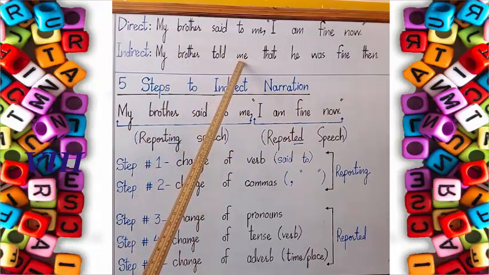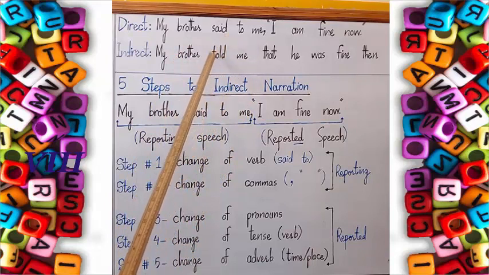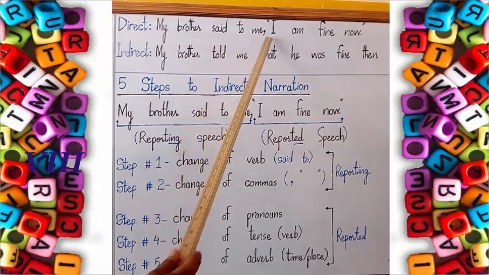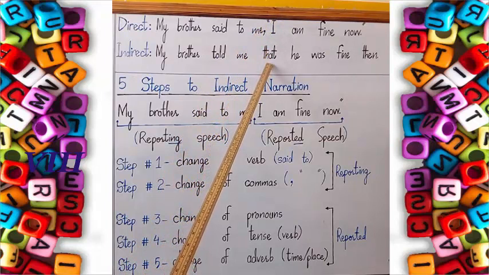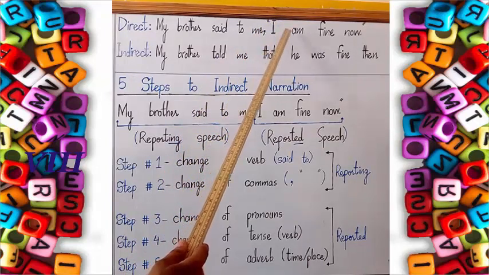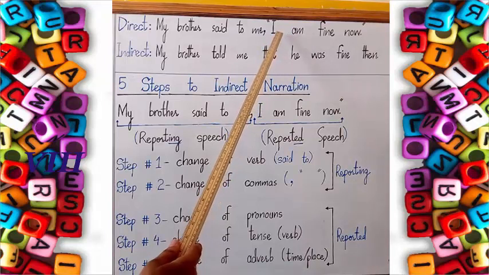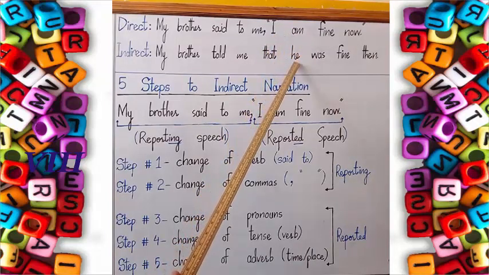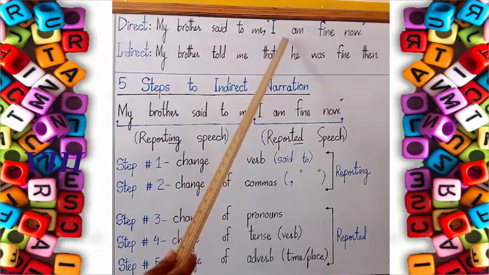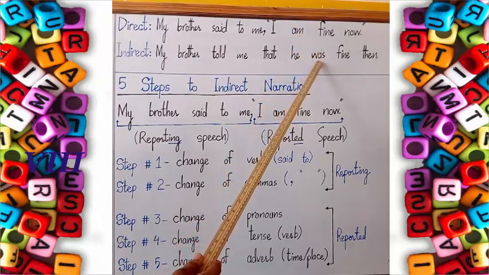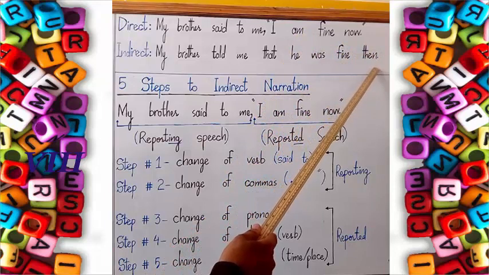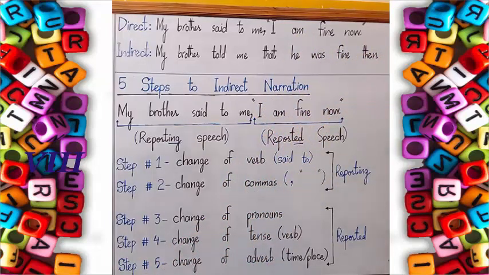"My brother told me," "said to" got changed into "told," and these commas changed into "that." Now, in reported speech, we made three changes. "I" became "he," this is the pronoun. "Am," which is the verb, became "was," and "now" became "then," which is the adverb in this sentence.